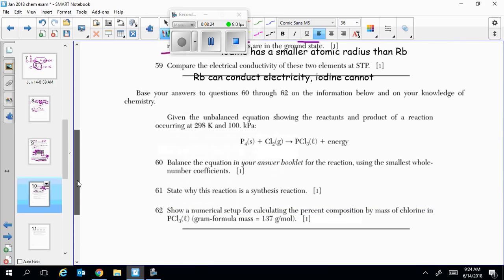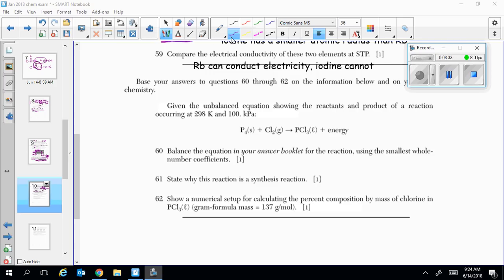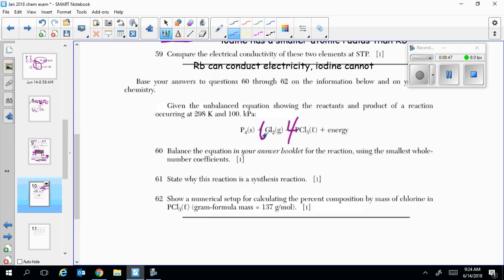Base your answers to this. Given an unbalanced equation, first of all, I got to balance it. So, to balance this reaction, 4 P's, so I would right away put a 4 there in front of PCl3, and then 4 times 3 is 12 Cl's, so I would need 6 Cl2s.